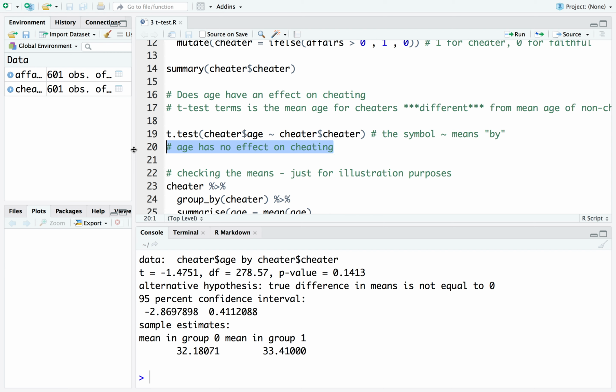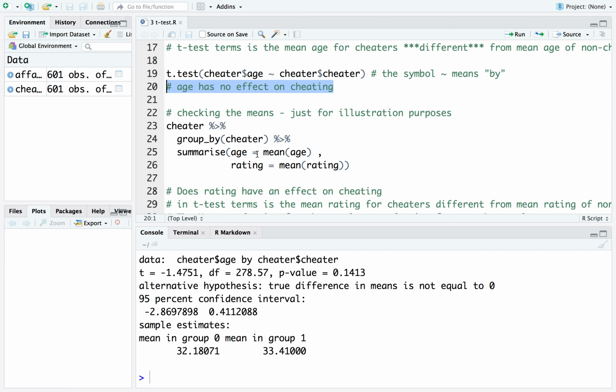Or perhaps, oh, these young people, they have no regard for the sanctity of matrimony. And you say, no, there's no effect of age. Cheating has no bearing on, and no regard for, age.